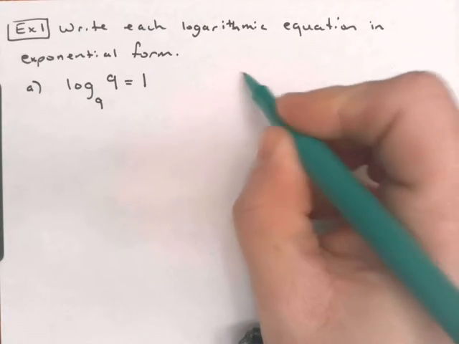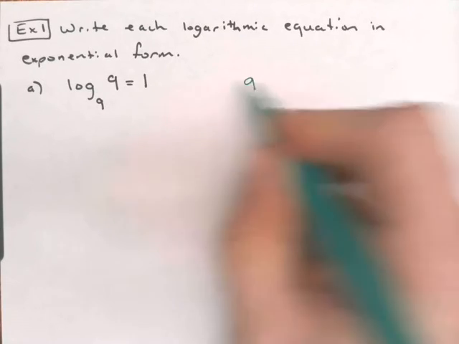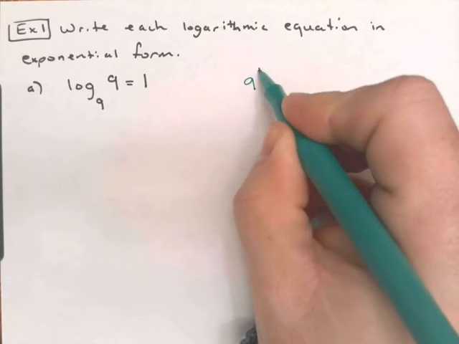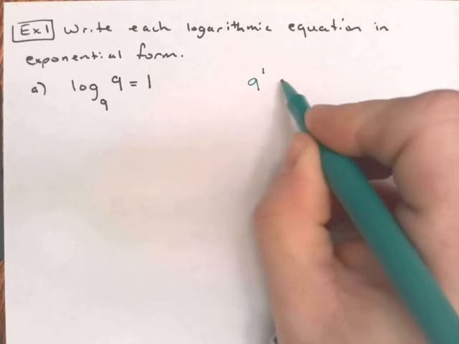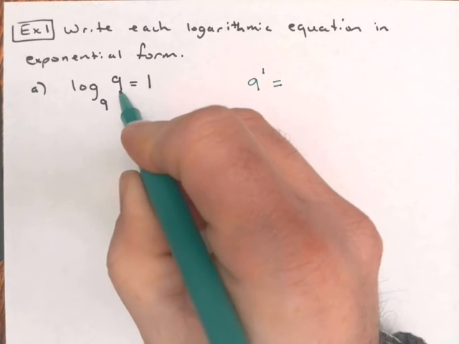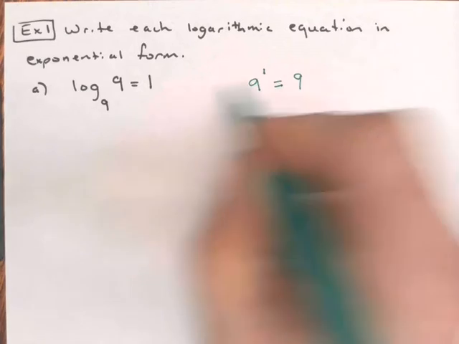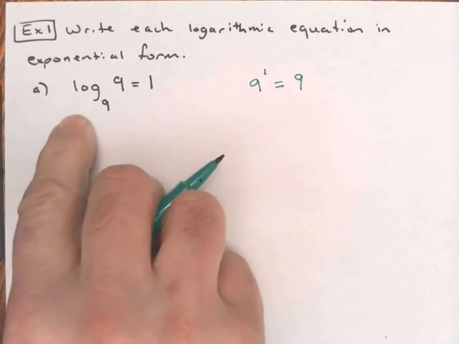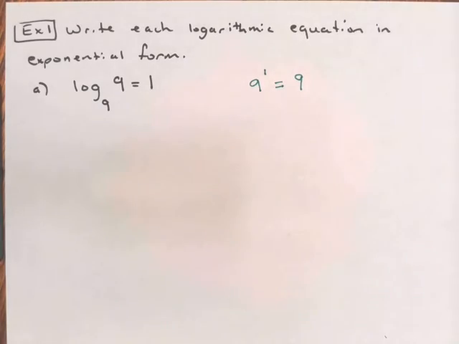So this 9 raised to the number on the other side of the equal sign is equal to this number next to the log. So when you go from log form into exponential form, you don't have a log in there anymore.